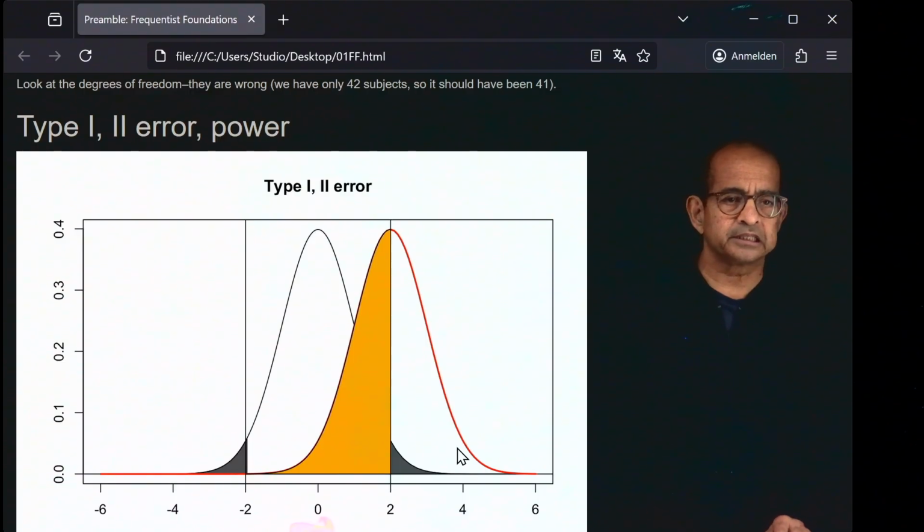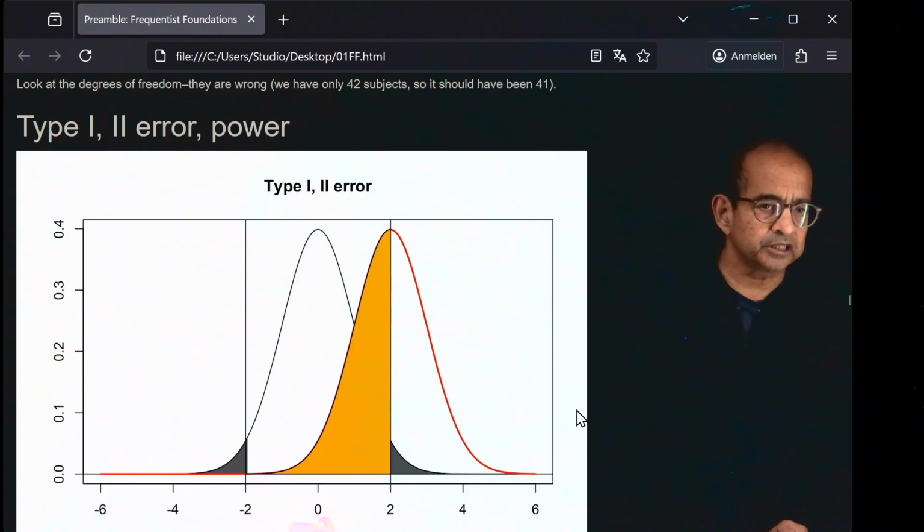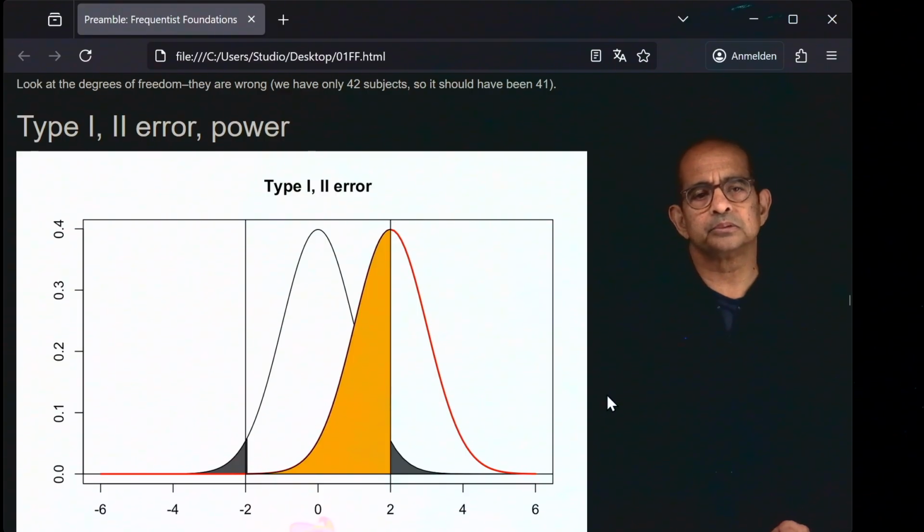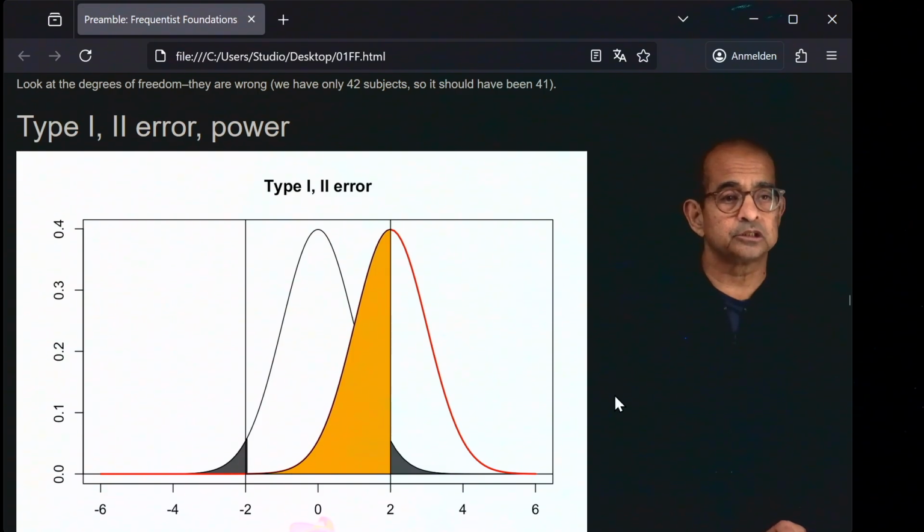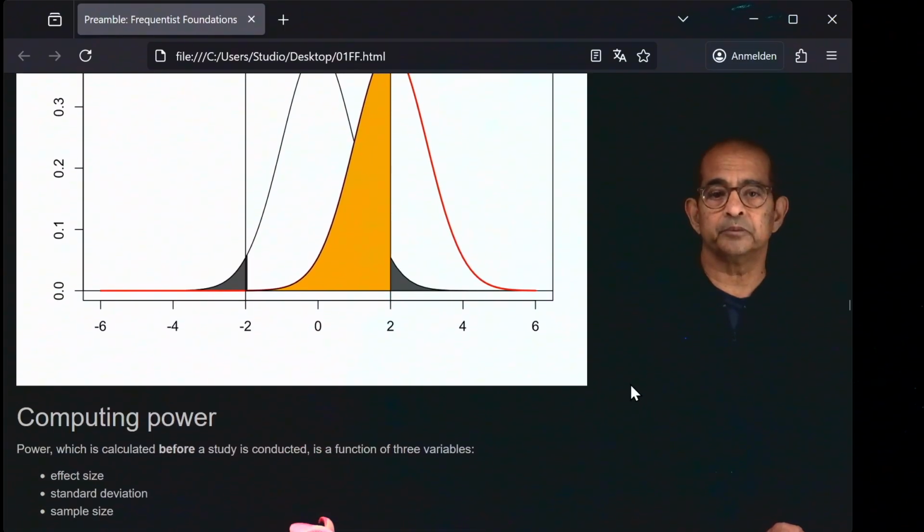We have replication crises one after another, and one reason for that is the proliferation of underpowered studies being published in journals which would never replicate, because it's very hard to reproduce an accidental result that happened due to a misestimation of the parameter of interest. I will talk a little bit more about that in a moment.